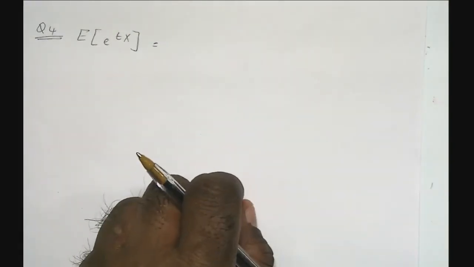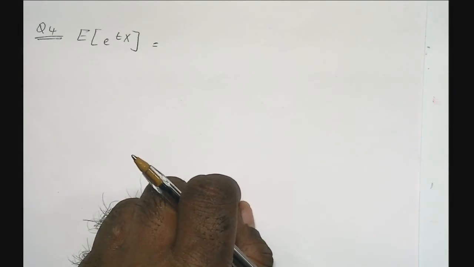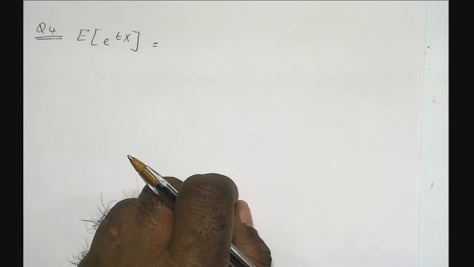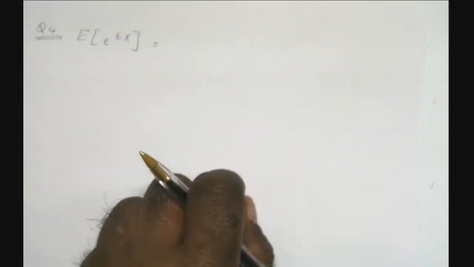Do you guys know this distribution? I talked about it last week. Do you remember this distribution? What is it known as? This one here, this distribution is known as what?